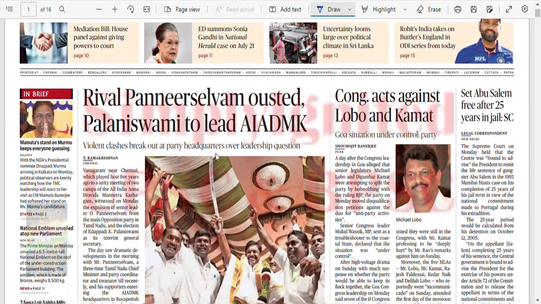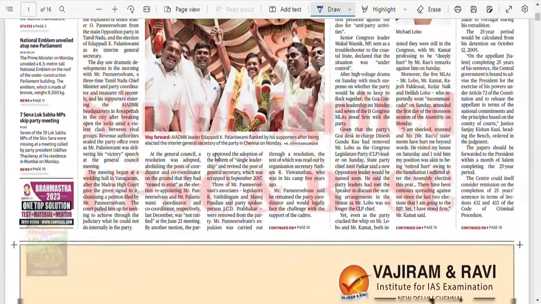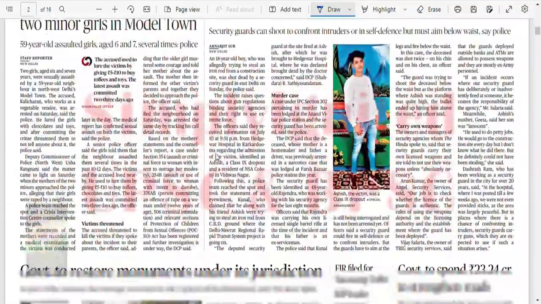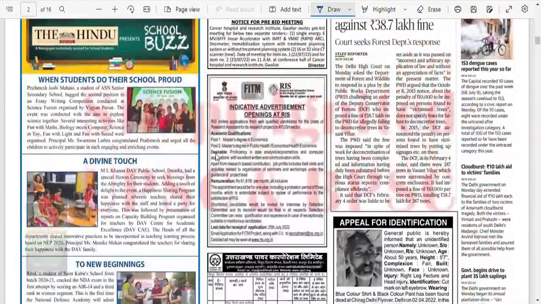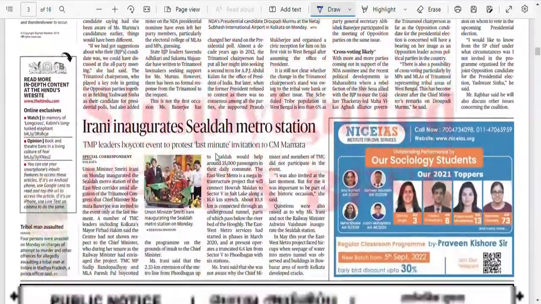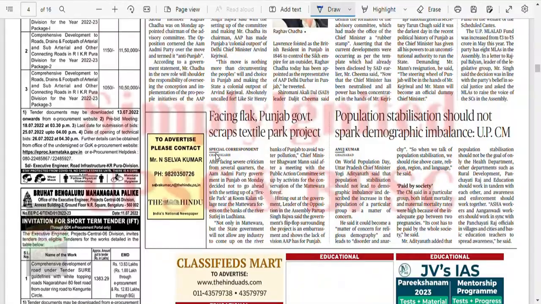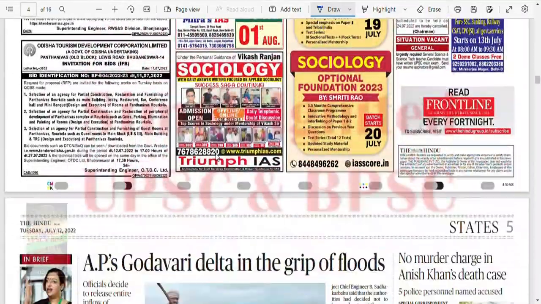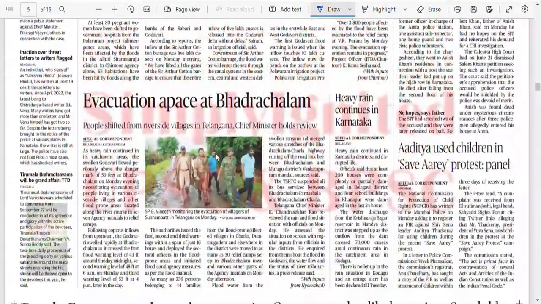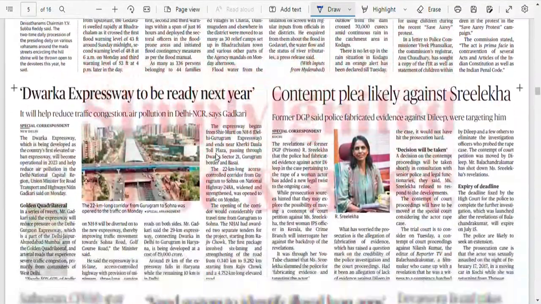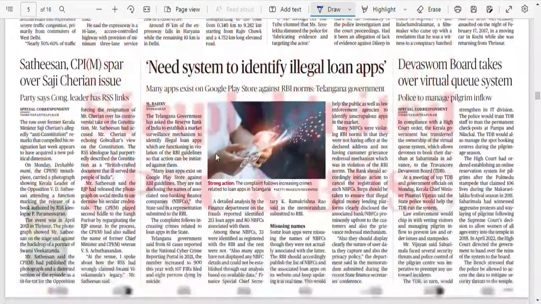So let's identify. There is no important news here. Nothing on this page. Nothing on this page. Nothing on this page. Nothing on this page.